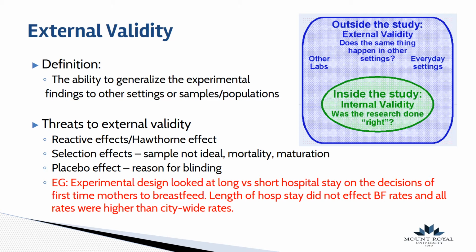Number one is what we call reactive effects or Hawthorne effect. And this was actually discovered decades and decades ago, where they wanted to test the effects of different lighting on productivity in kind of an assembly line type of job.